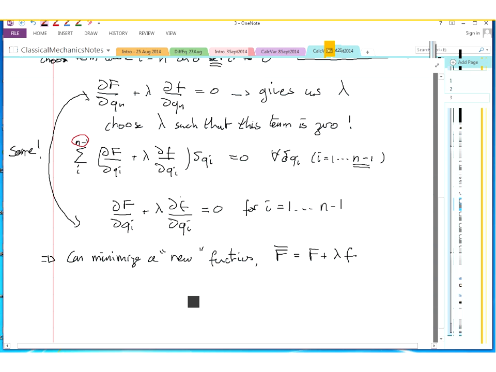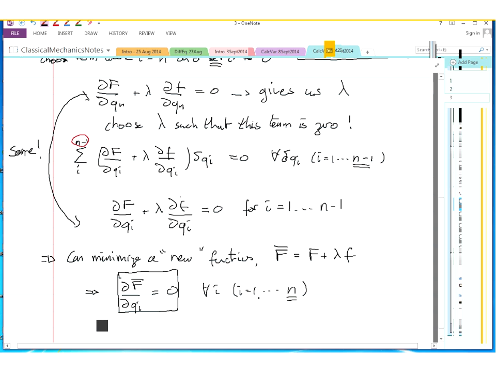And now we can vary the parameters of F bar freely. So the stationary condition is this, just as we had in the unconstrained case, for all i equals 1 all the way to n.